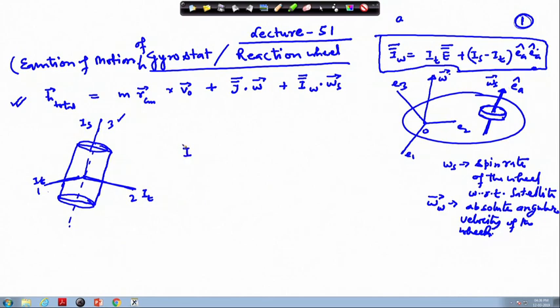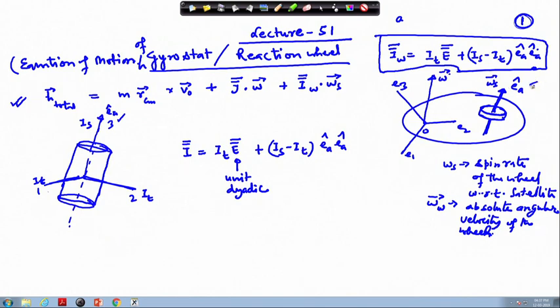Then the inertia of this wheel can be written as I t times E double bar, where this is the unit dyadic, plus I s minus I t times E a cap times E a cap, where E a cap is the vector along this direction, as shown here.